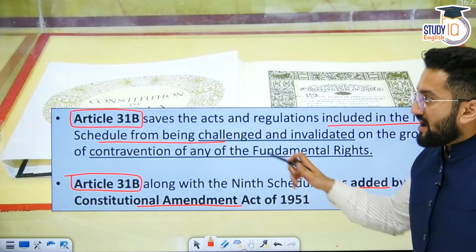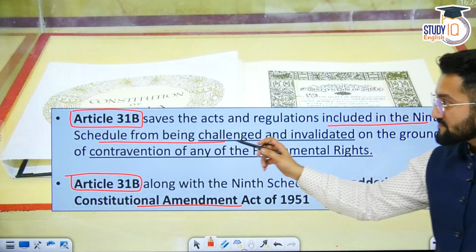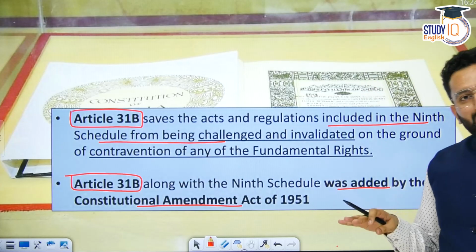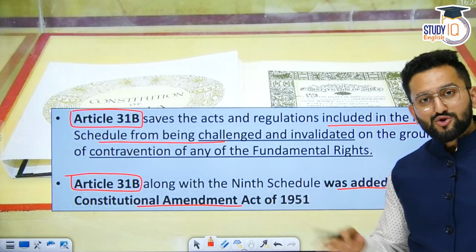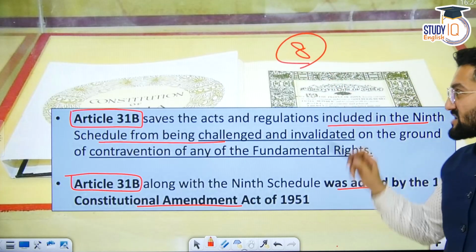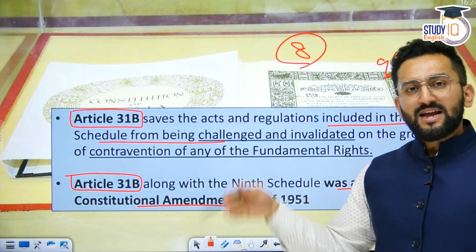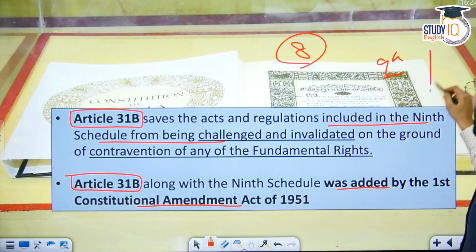So they made this Article 31B. What is 31B saying? That any law which is added in the 9th Schedule. In our original constitution, there were 8 schedules, and the 9th Schedule was added. Schedule means a list which is added at the end of the constitution.